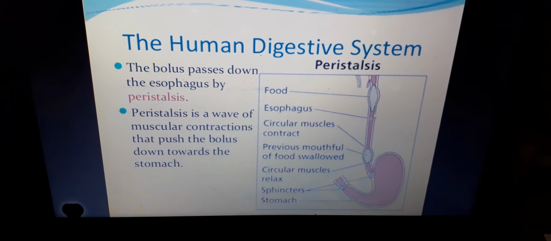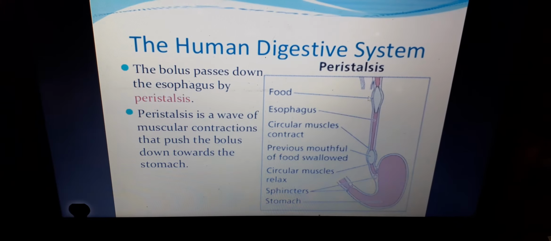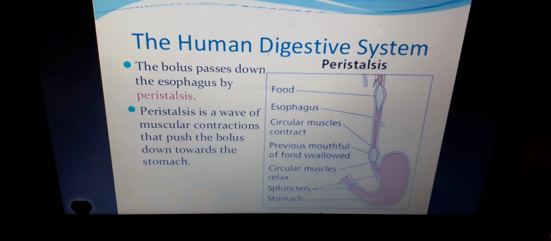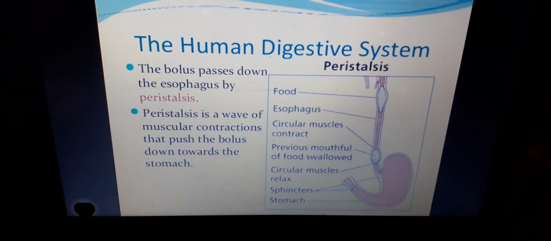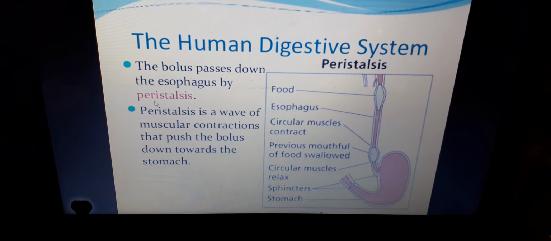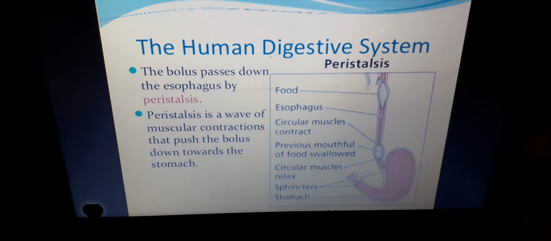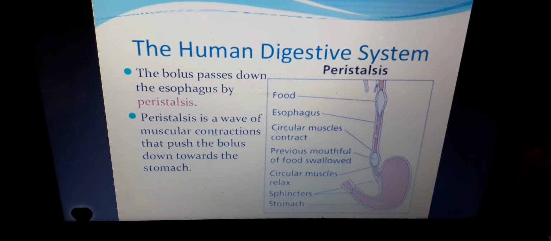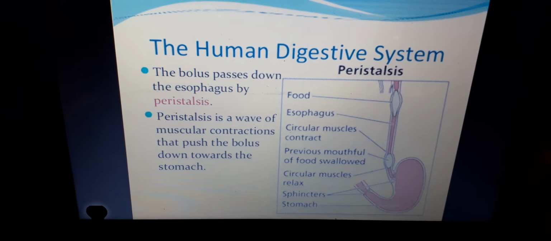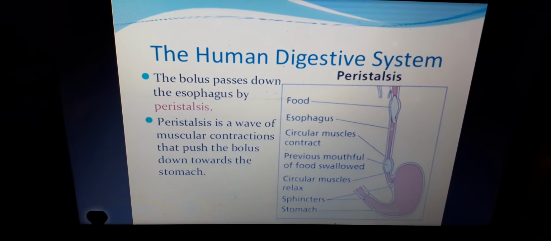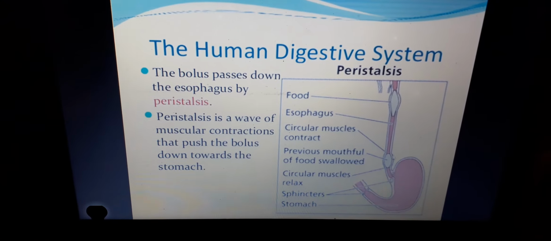Here you can see the structure of the alimentary canal, and the food is moving down in the esophagus by peristalsis. This movement is known as peristaltic movement, and it occurs throughout the alimentary canal. First you can see this movement in the esophagus.